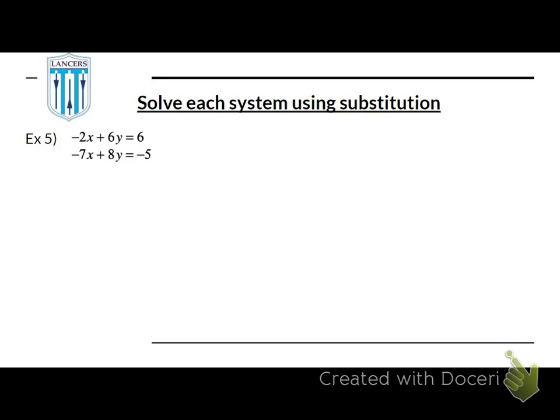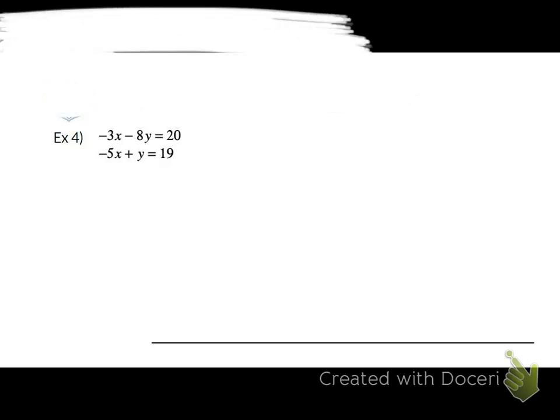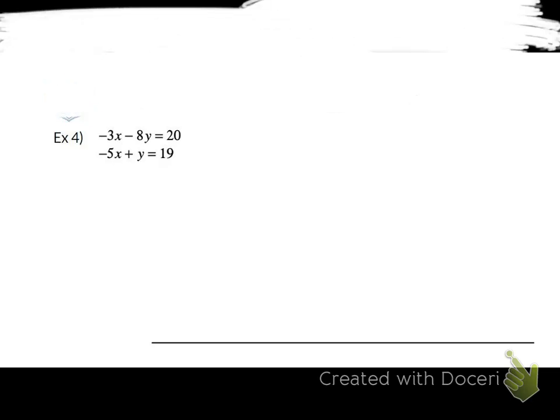Too fast. There it is. All right, on this one, I'm going to actually write out a little note at the top. Give me plenty of room to write. Let's do a thumbs up, thumbs down.